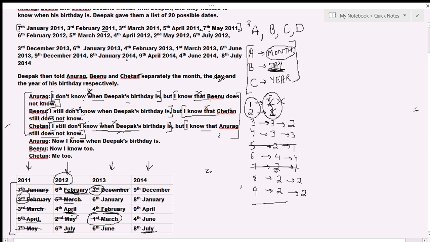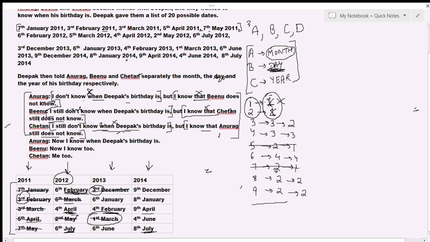Which means if Chetan would have been given year 2012, he could have thought in each of the three cases, February, April and July, Anurag would still not be knowing the exact date because each of these months remaining has more than one possibility. Good. So 2012 is still retained.